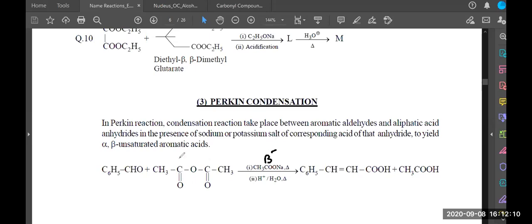Obviously, we don't have H plus in aromatic aldehyde. We have H plus in anhydride. So it will remove H plus from CH3 and form CH2 minus from the anhydride. Then it will attack on the aromatic aldehyde, then something will leave as a leaving group. So I'll give you 2 minutes. Please try to write the mechanism.